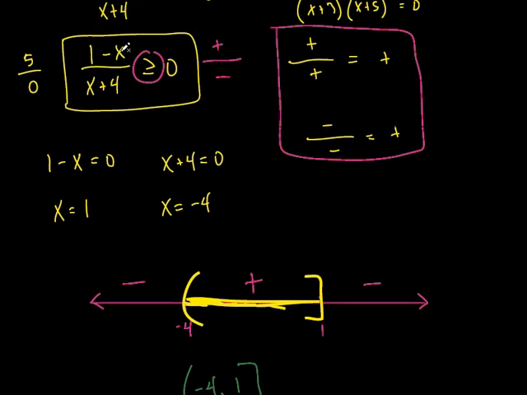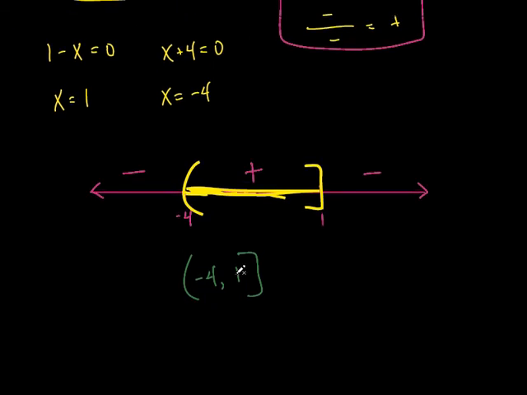Because I can put a 1 in for x here and here, right? And I still get a fine answer. The only thing I can't put in, as far as these endpoints are concerned, is a -4. Because -4 plus 4 is 0. I cannot divide by 0. Alright, I think I've beat that to death. And that would be your answer right there. So that's how you do that kind of thing. Alright? It's a series of steps.